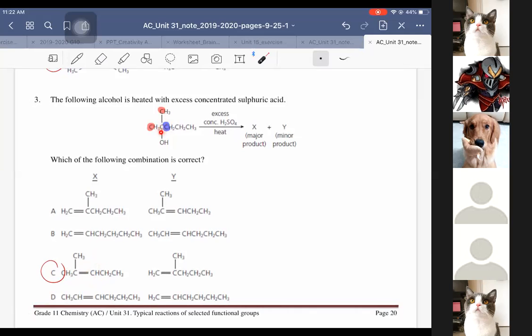It would take the hydrogen from the carbon with fewer alkyl groups, so it will take hydrogen from this one. Then it will form the double bond between this carbon and the carbon highlighted in red here. That's the one shown on the right hand side. That's the Hofmann product.